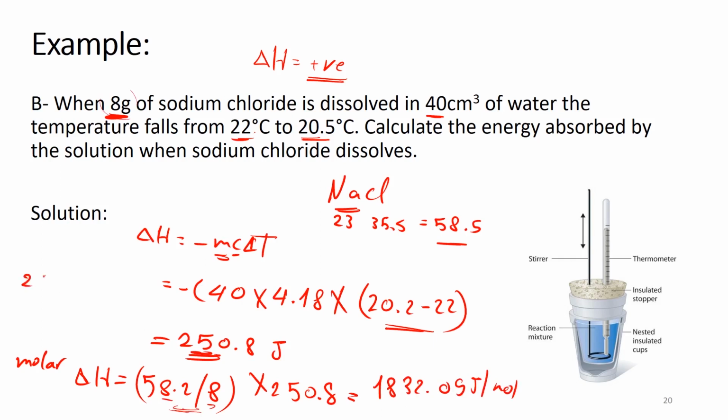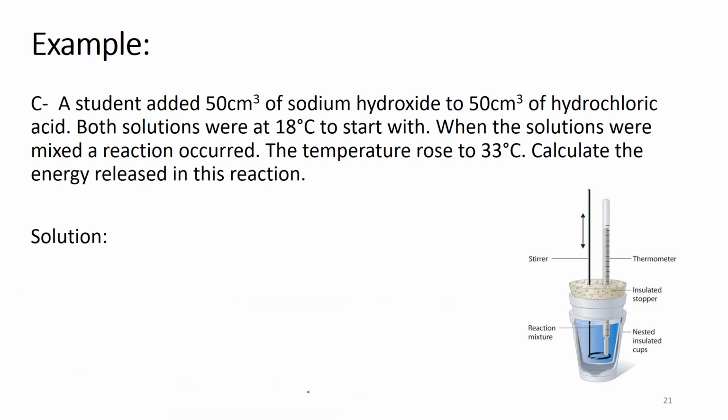Now again, I had 250.8 absorbed energy when I dissolved 8 grams. So how much energy would I need to dissolve 58.2 grams? This means I have to multiply the 250 by the 58 and divide them by the 8.